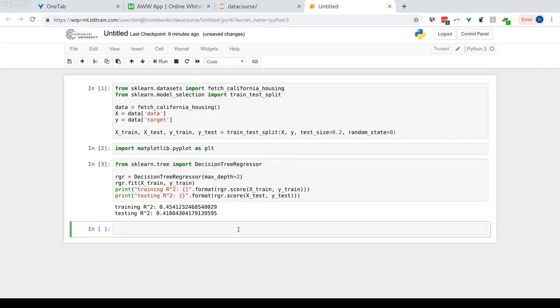Okay, so these are our results here. Notice that the R-squared value is better for the training set. Does that make sense? Is that intuitive?